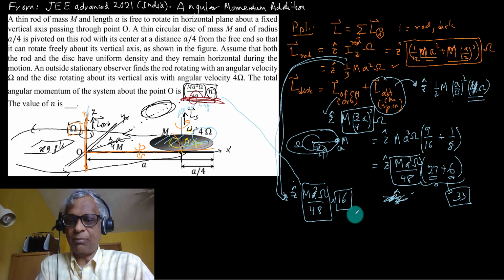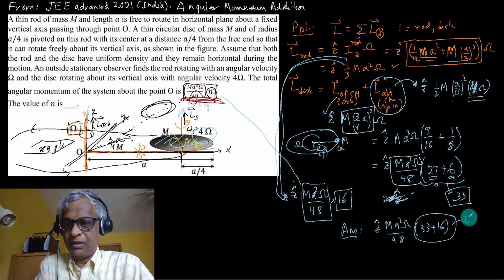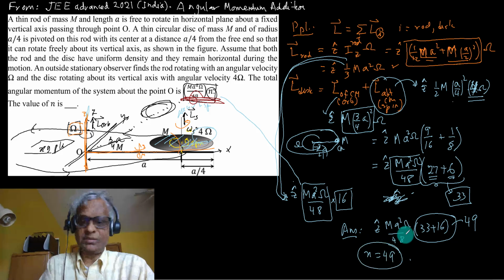So when I add these up, the answer will be z hat m a square omega over 48, and this 33 plus 16 is 49. So n equals 49. That's the answer. Let's check.